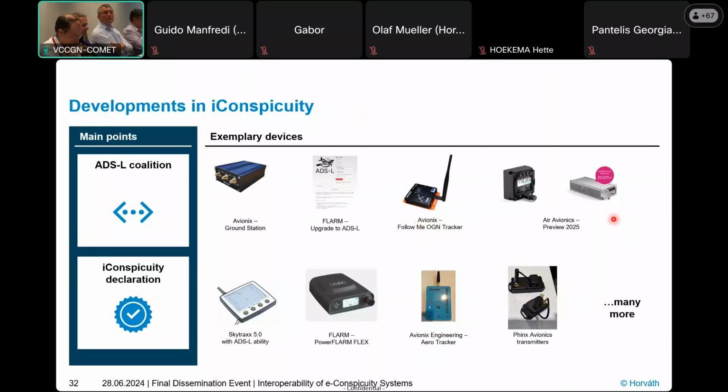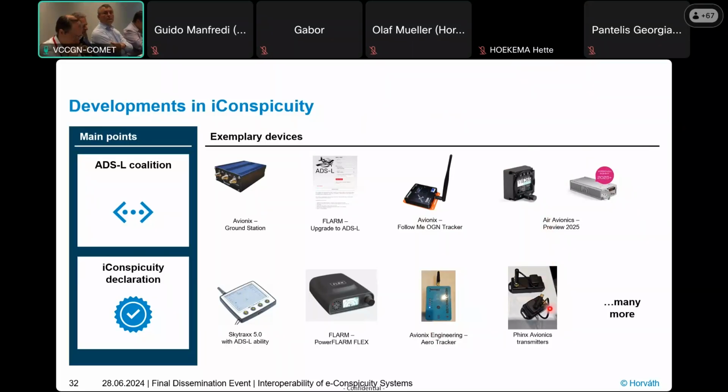We have new transponders which have integrated systems like the TABS function, the traffic awareness beacon system function, so that they don't answer to every SSR request.